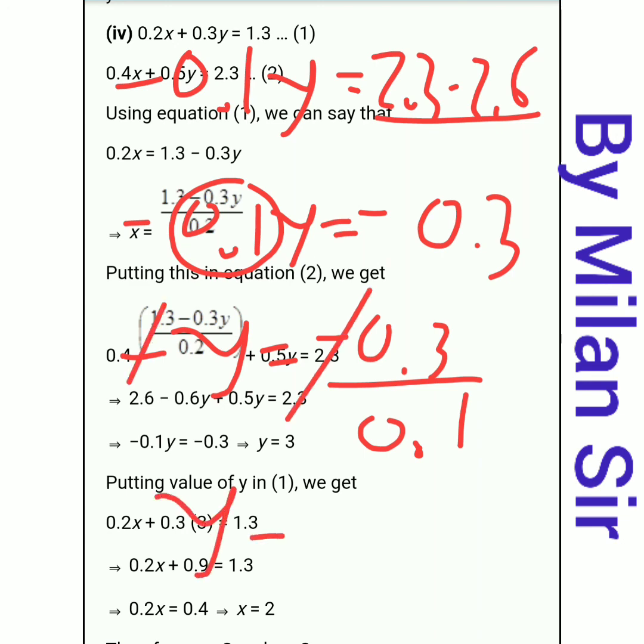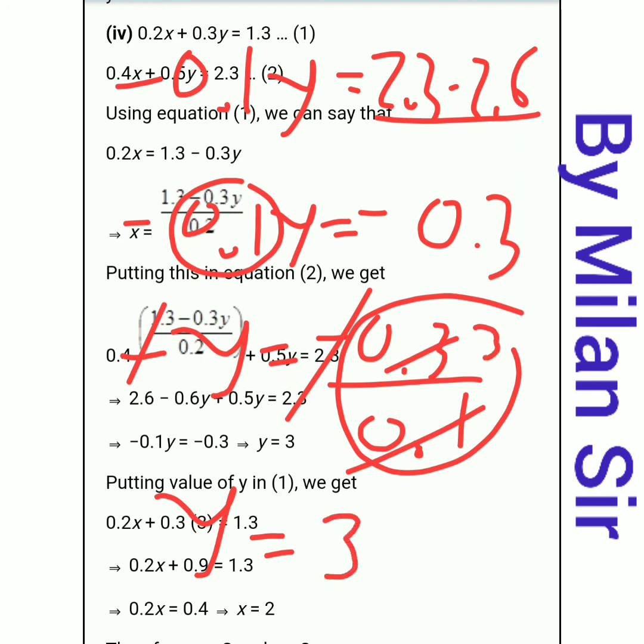So finally y equals 0.3 divided by 0.1. So 0.1 into 3 is 0.3, right? So y equals 3. We can also do the division by first removing the decimal point. So 3 divided by 1 is 3. Okay, so we get y equals 3.